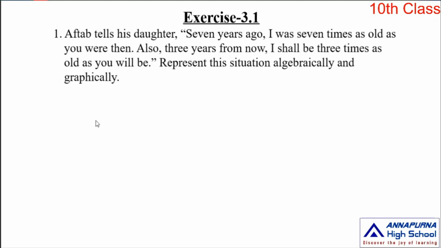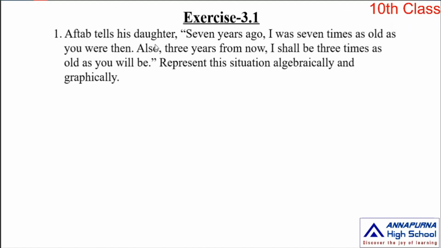So here one situation is given. When you observe this situation, here we have two unknowns. First we identify those unknowns and take them as x and y, and observe the statements carefully in this situation and prepare linear equations in two variables from it. Once again observe the situation.